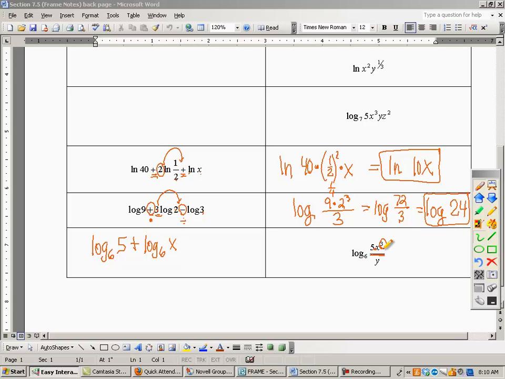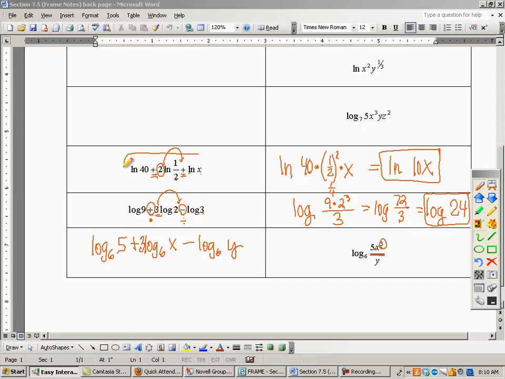The cubed goes in front, so I'm going to slide a 3 in there, minus the log base 6 of y. So I have the log base 6 of 5 plus 3 log base 6 of x minus log base 6 of y.